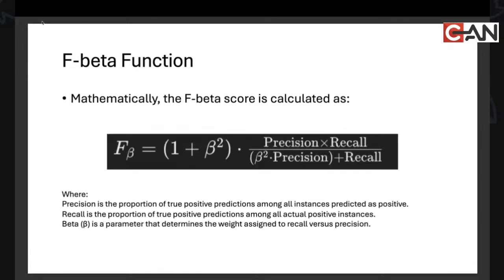So this is the generalized formula here. It's called F beta, and F beta equals 1 plus beta squared times precision times recall, all over beta squared times precision plus recall. So in this situation, if you put 1 in for beta, you have 1 plus 1 squared, which is 2. And then 1 squared is 1 times precision is precision.